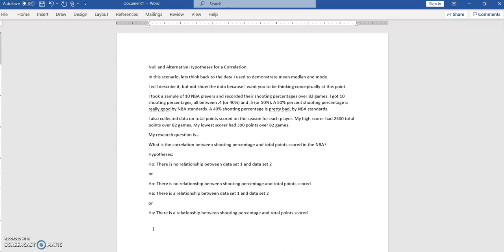You've all heard that phrase, correlation does not equal causality, and that's kind of what we mean here, right? We know that there's some relationship between these two things, but we can't say for certain that just if someone has a high shooting percentage, that's going to lead them to score more points. There's a bunch of other variables that could come into play that I sort of talked about ad nauseum at the start of this video.